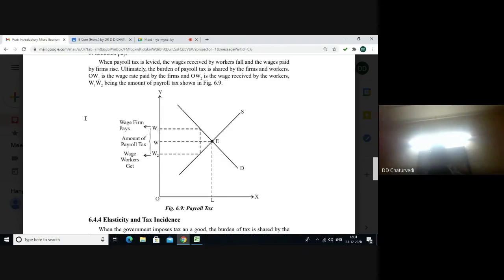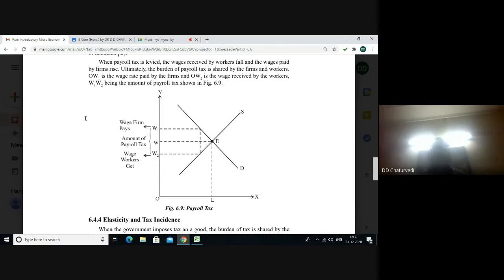Now suppose the payroll tax imposed by the government is equal to W1, W2. And when this payroll tax is imposed, the wages received by the workers fall, while the wages paid by the firms rise.